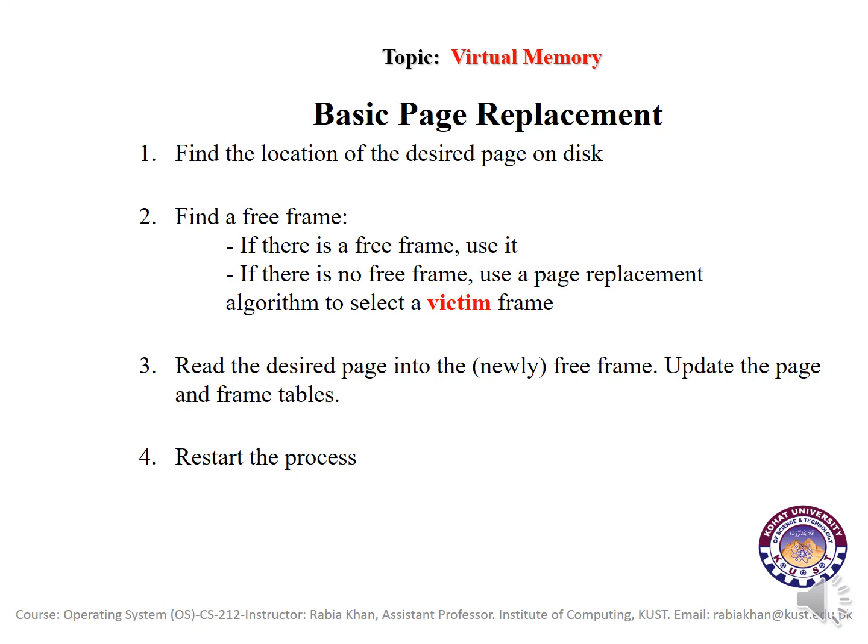The page table entries of both the pages are updated: the one swapped out and the one swapped in. The swapped out page now has its valid-invalid bit reset to 0, which was 1 before swapping, while the swapped in page had its valid-invalid bit set to 1, which was 0 earlier.